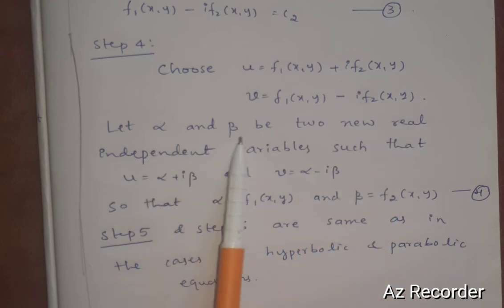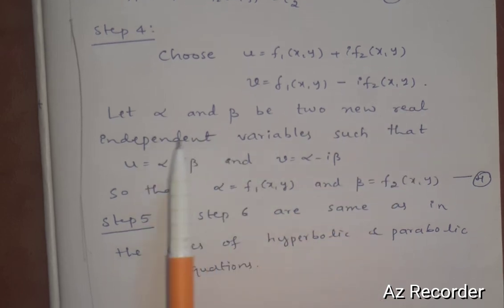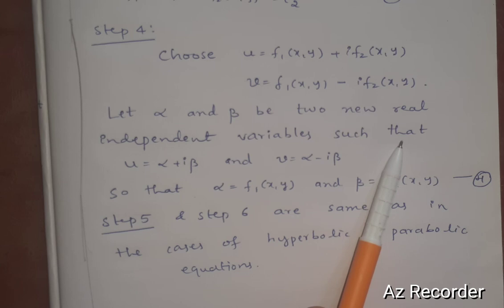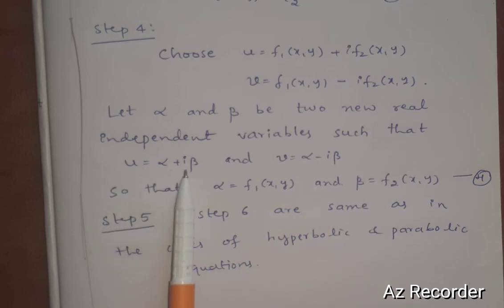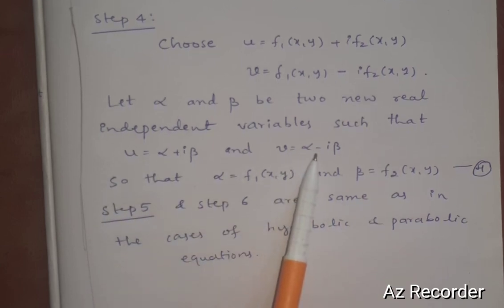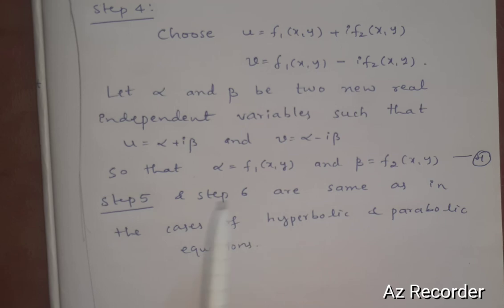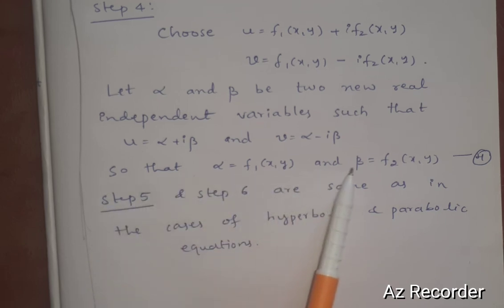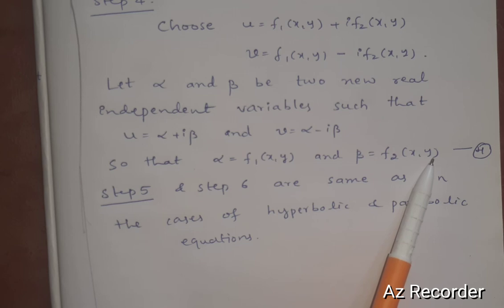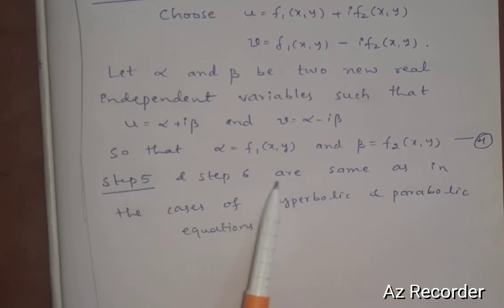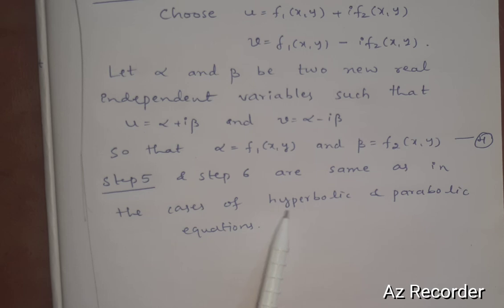So let alpha and beta be two new real independent variables such that u = α + iβ and v = α − iβ, so that α = f1(x,y) and β = f2(x,y). Now the steps 5 and 6 are the same as in the cases of hyperbolic and parabolic equations.